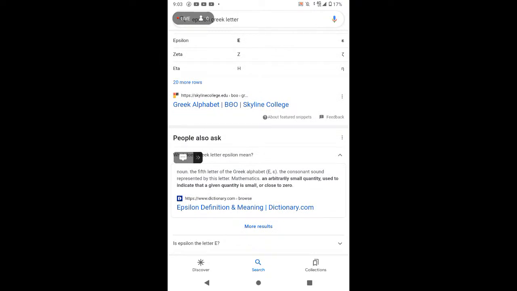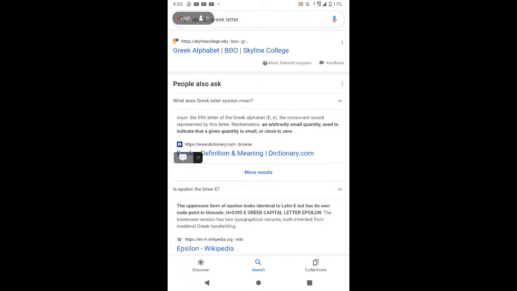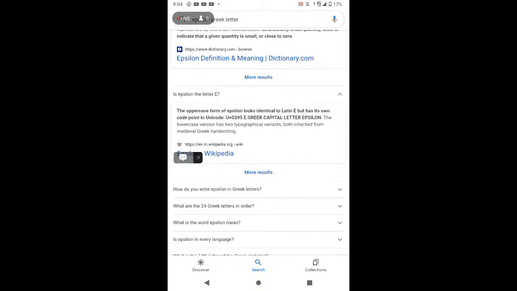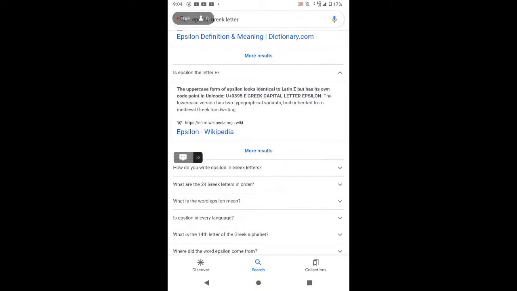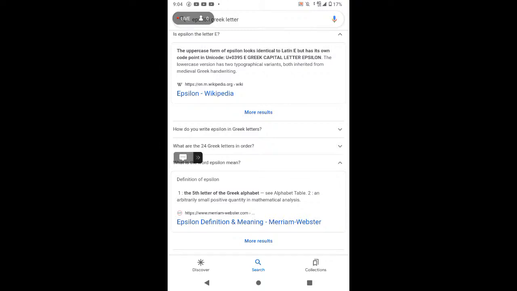Alright, so Greek alphabet E, the consonant sound represented by this letter, in mathematics, is arbitrary small quantities used to indicate that a given quantity is small or close to zero, going around the pi, right? A small positive quantity in mathematics.